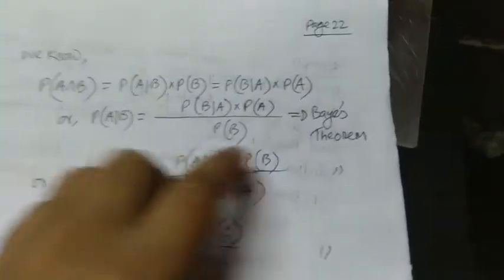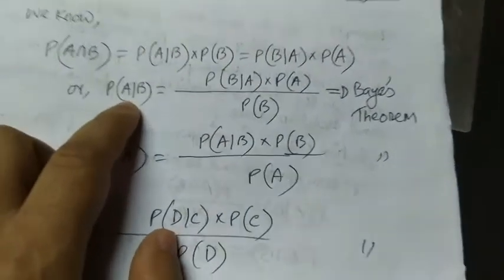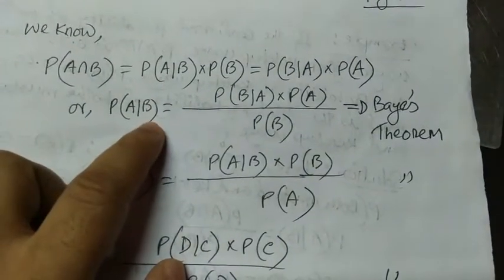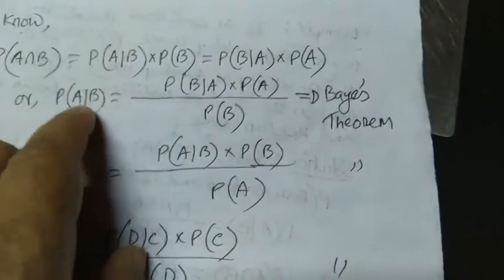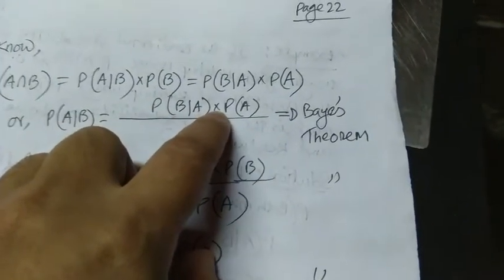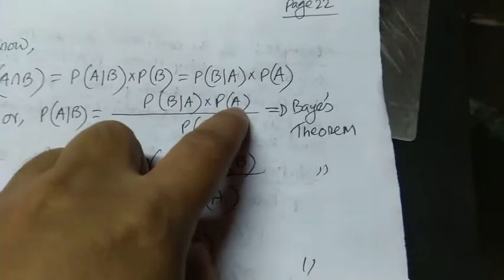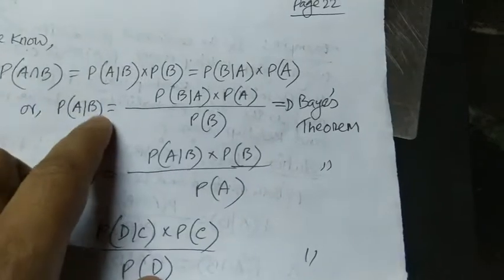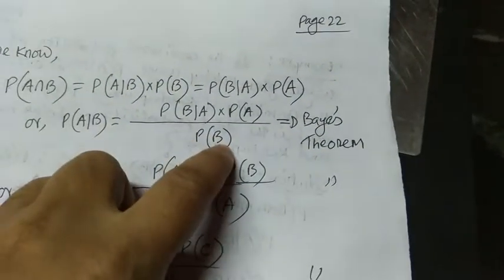So this is called Bayes theorem of probability. Probability of A given B can be written in the reverse way. That means probability of B given A, all multiplied by the given part, always multiplied by the given part, that means probability of A. And the given part, that means probability of B, will be in the denominator.